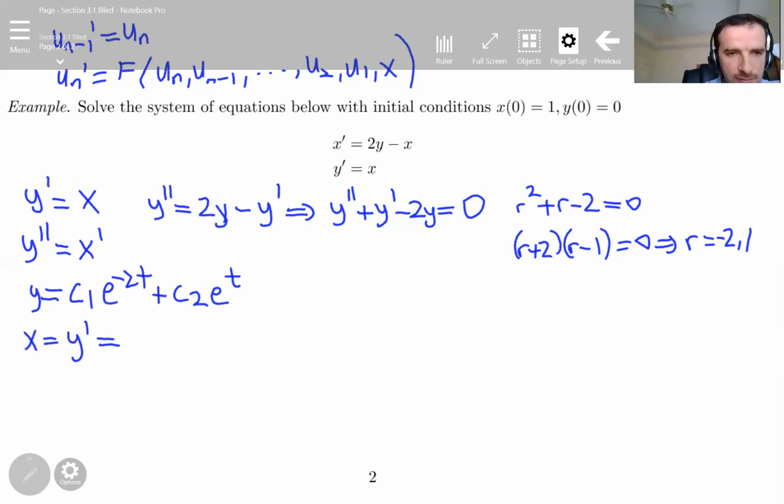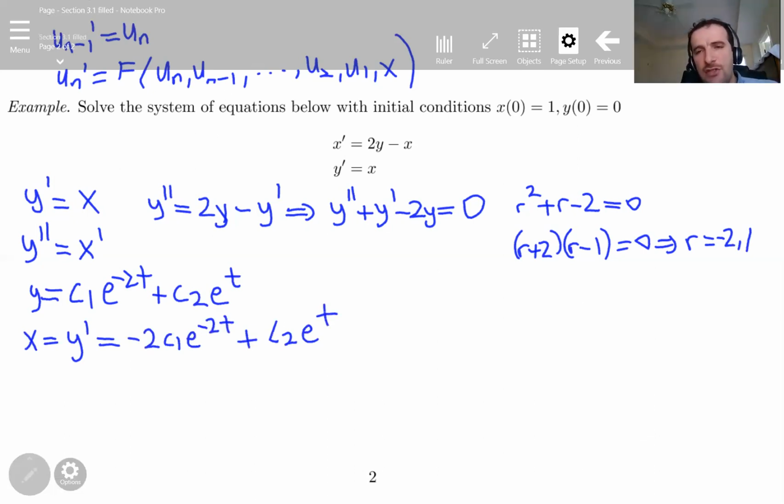If I take the derivative here, I have to use the chain rule. So the derivative of negative 2t is negative 2, so it will be negative 2 c1 e to the negative 2t, plus the derivative of this part will be itself, c2 e to the t.